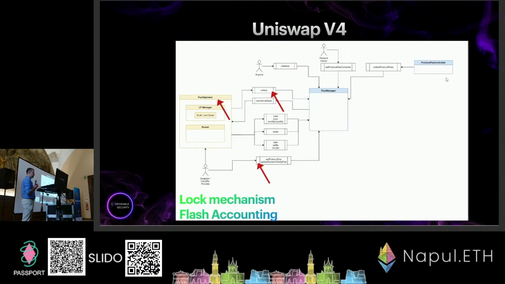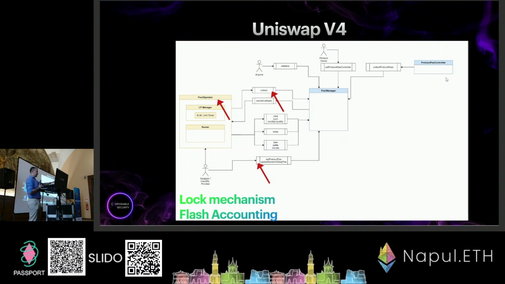Then you have this helper contract called pool operator, which has this lock mechanism. It's not like you make a call to add liquidity and then get a callback from the pool, but now you make a call to the unlock function.